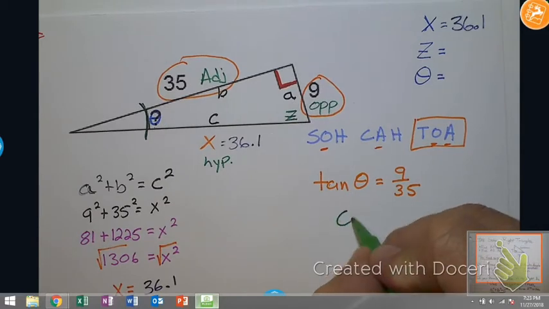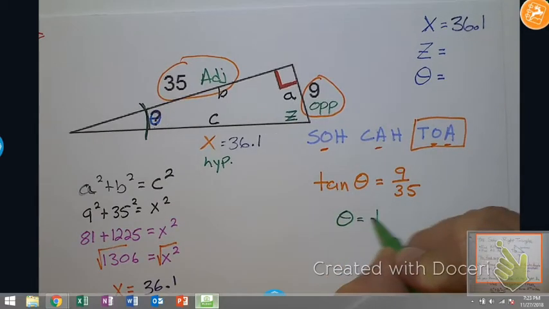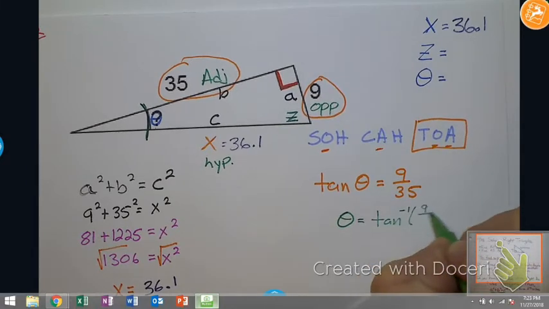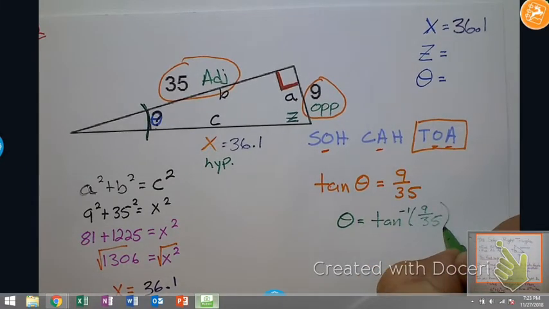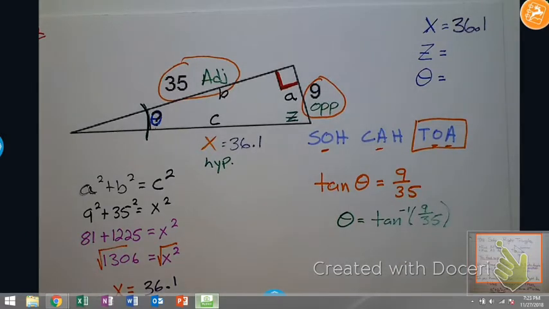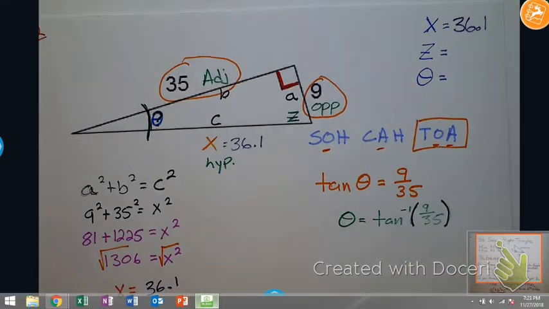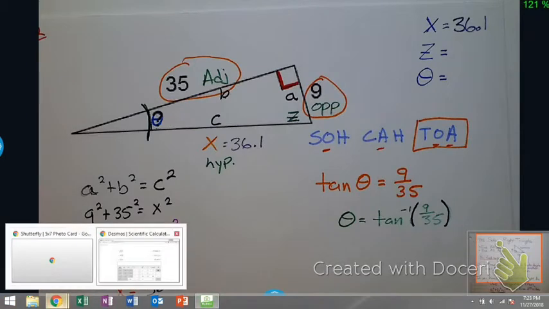We use our inverse. Theta is equal to the inverse of tangent of 9 over 35. Remember to keep 9 over 35 inside of the parentheses. That way our calculator will know to work on it together. Time to use our calculator.